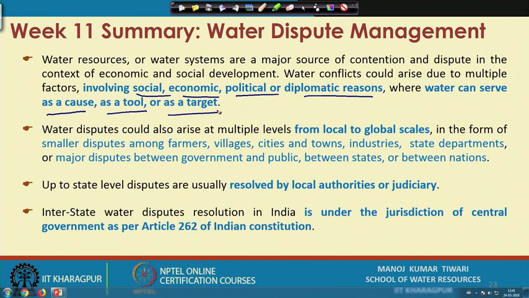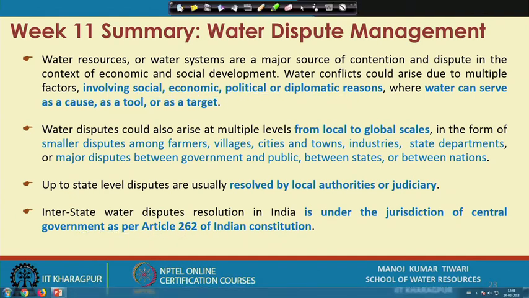Disputes up to the state level are generally resolved by the local authorities or the judiciary, while interstate water dispute resolution is under the jurisdiction of the central government under Article 262.